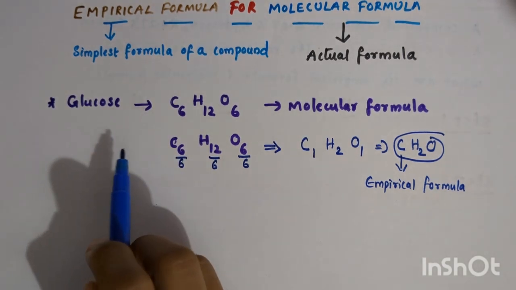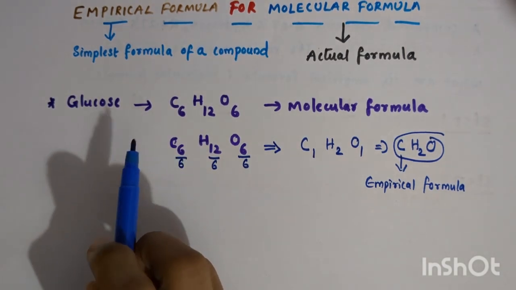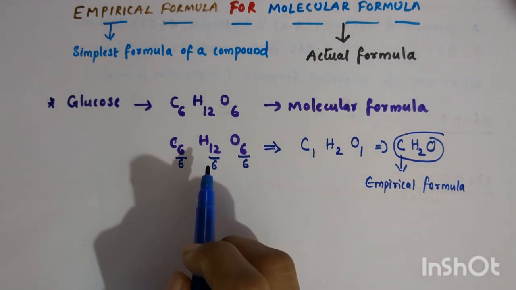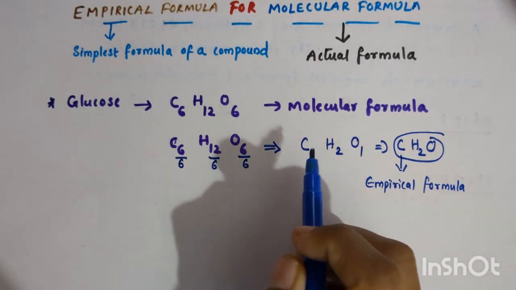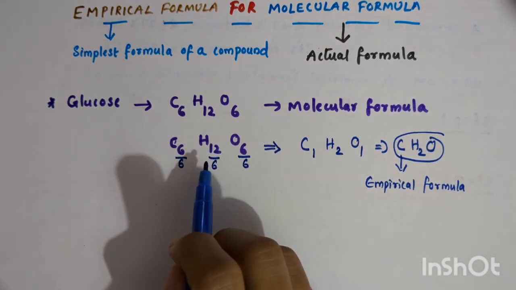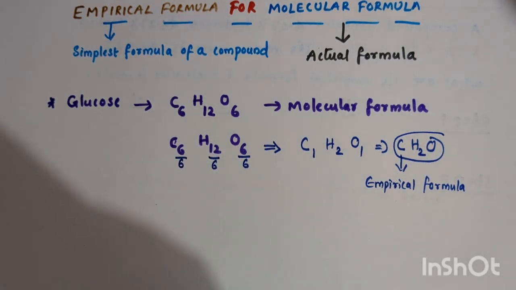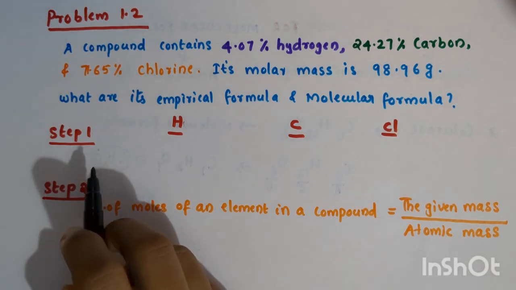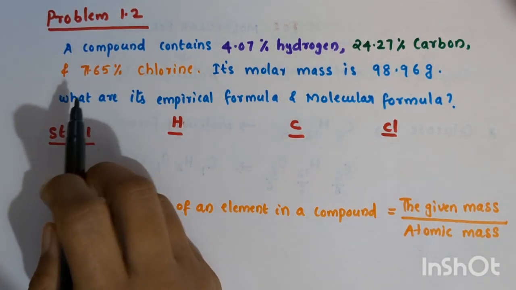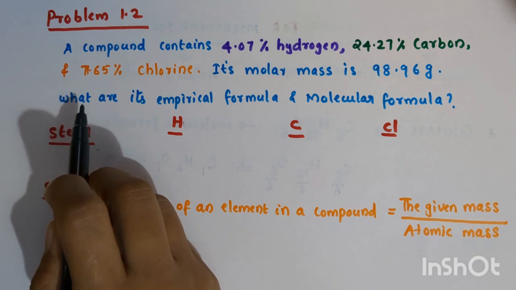If the mass percent of various elements present in a compound is known, its empirical formula can be determined. The molecular formula can further be obtained if the molar mass is known. Let us see one example. We are going to discuss problem number 1.2, which is related to empirical formula and molecular formula.